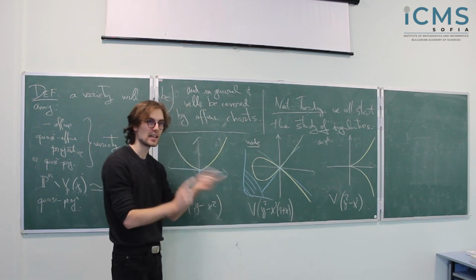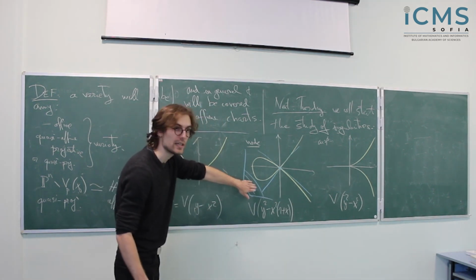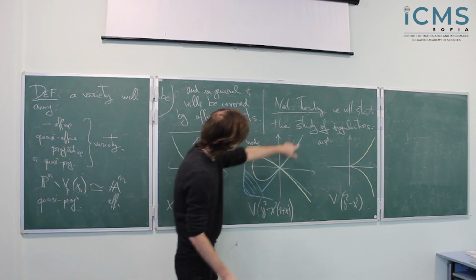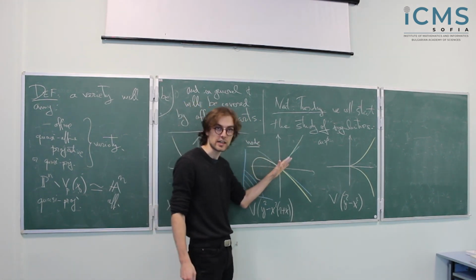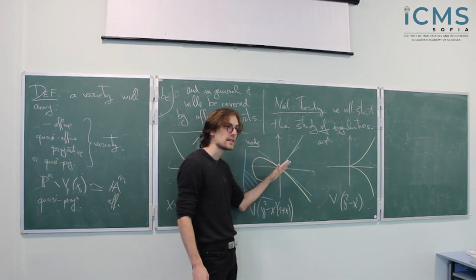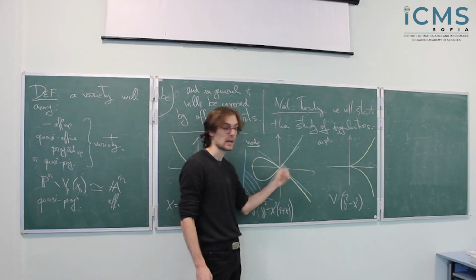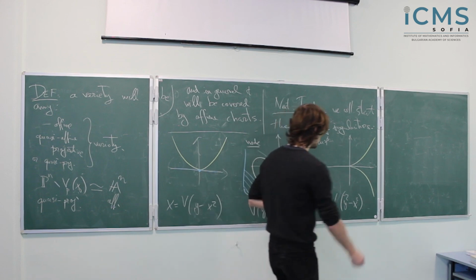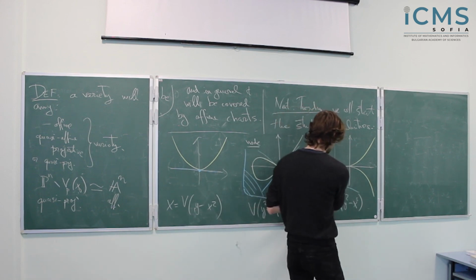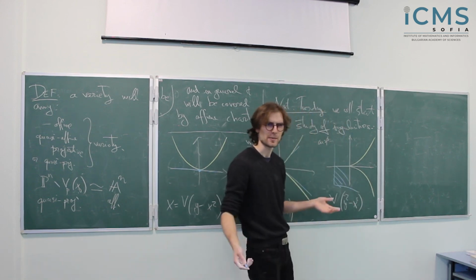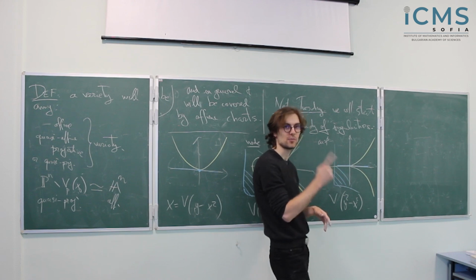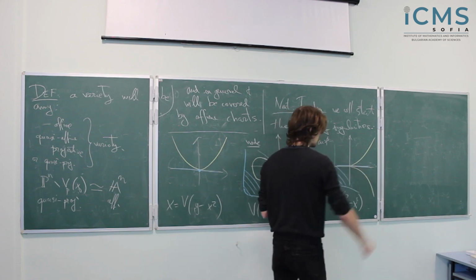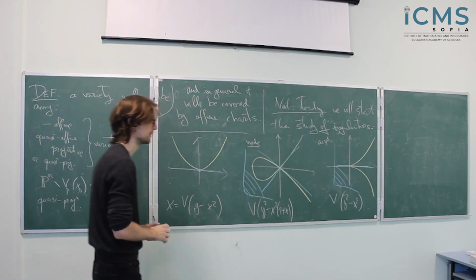So there's an ambiguity here. This will be the tangent space, and the 2 lines that are supposedly tangent directions form the tangent cone at the origin. Similarly here, we obtain the whole plane as a tangent space, but only one direction counted double, which is even weirder, as the tangent cone here.